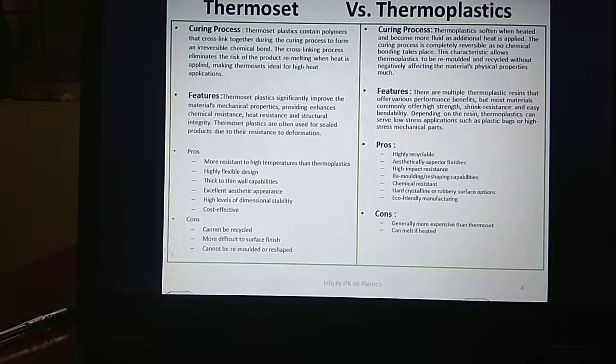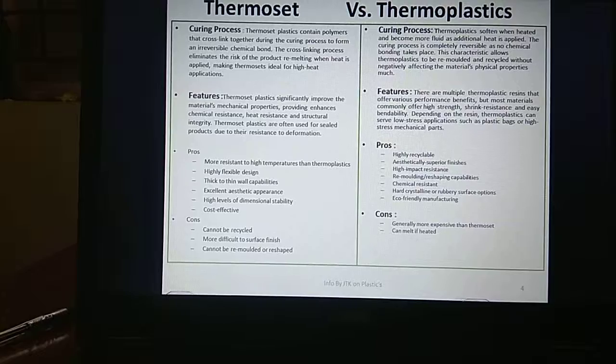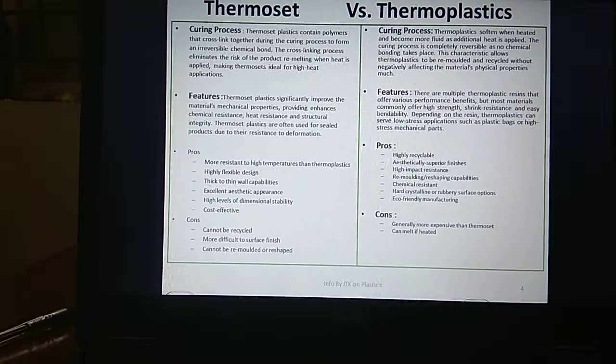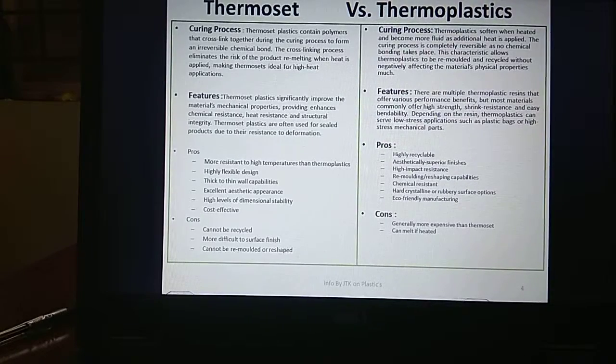Thermoset plastic significantly improves the material's chemical properties, providing enhanced chemical resistance, heat resistance, and structural integrity. Thermoset plastics are often used for sealed products due to their resistance to deformation. What are the advantages of thermoset plastic?